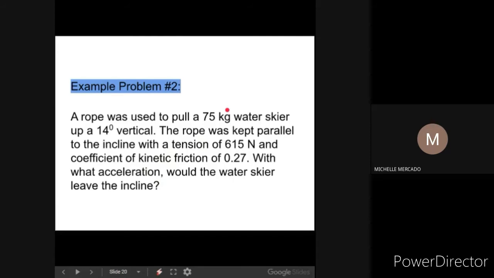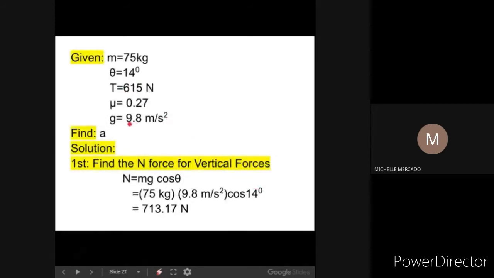Given mass is 75 kilogram, given degree is 14 degree, then the given tension is 615 Newton, then the coefficient of kinetic friction is 0.27. Then of course, the constant value of gravity, which is 9.8 meter per second squared. Then we're going to find the acceleration.